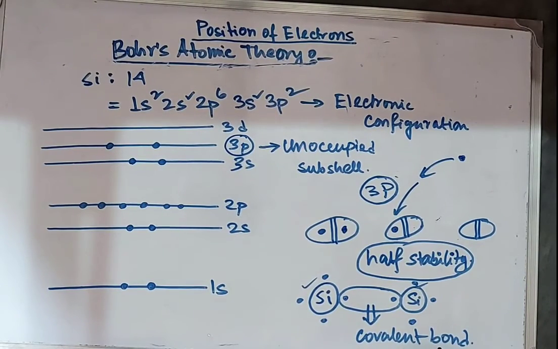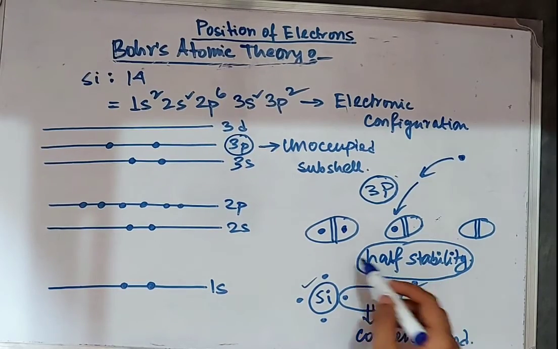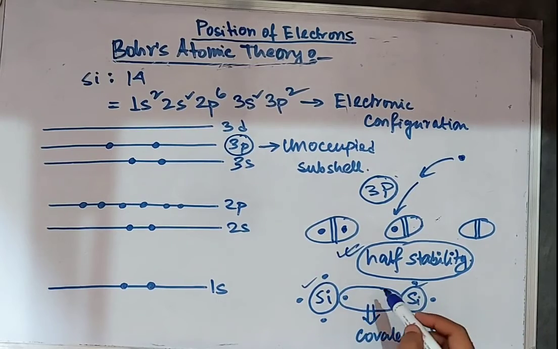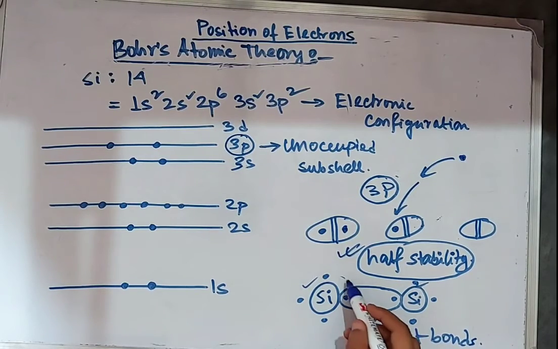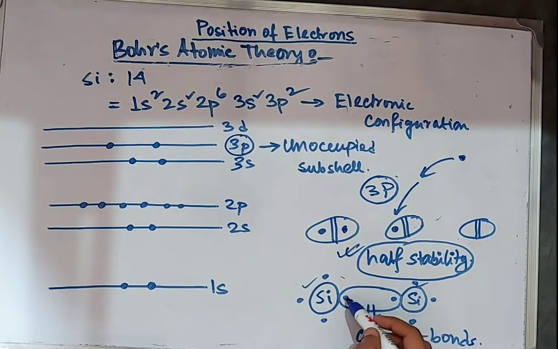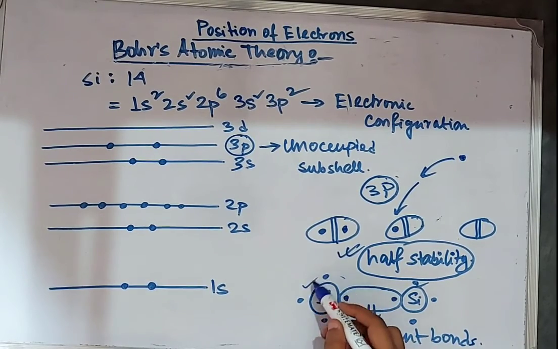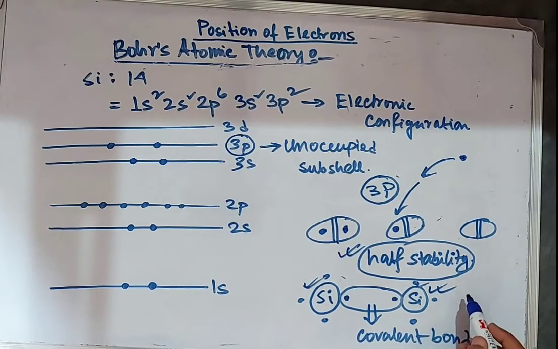So half stability is the reason why the silicon atom forms covalent bonds. This silicon atom will share its electron with an electron of another silicon atom and complete its half stability, and again the other atom will do the same.